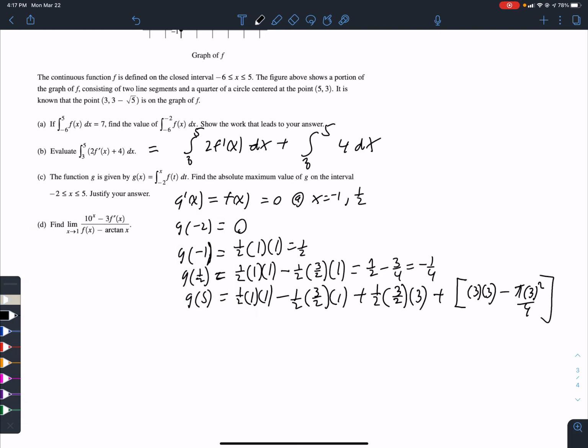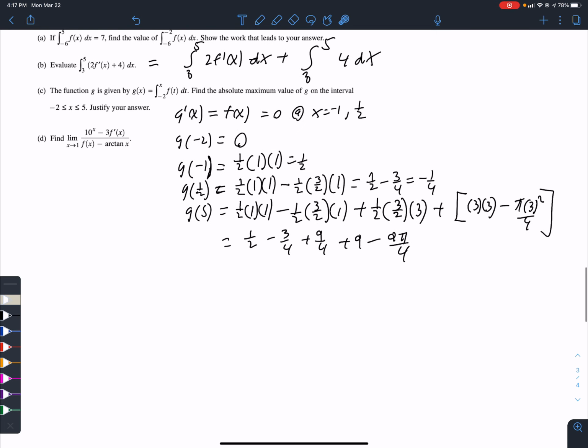Now, if I were to simplify this, again, do not simplify. So that's going to be 2.5, 11.5, 12. 12 minus 3/4 is 10 1/4.